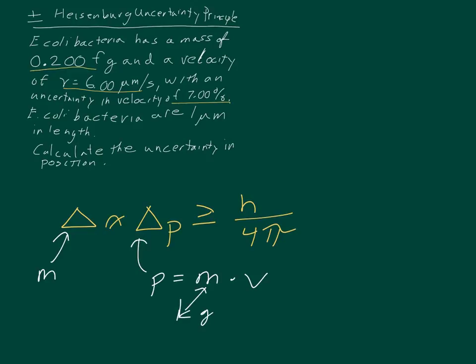I find when I'm helping students with the homework, that's usually the number one mistake people make, is they have that in something other than kilograms. Then we have velocity, and velocity has to be in meters per second. The other thing that throws people is this term right here is uncertainty, not the actual momentum.